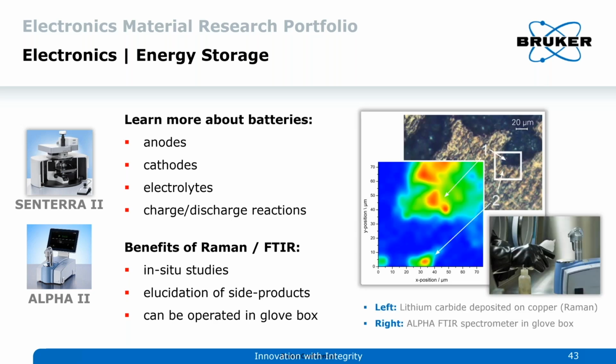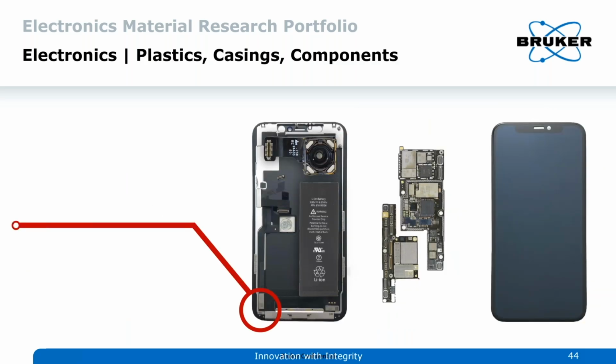So again, as I talked about before, now you can look at the lithium carbide battery as it's deposited on the copper and do the analysis in a glove box in an inert atmosphere, showing that example from before now inside the bigger picture of looking at all the components of this phone. So how about the casings and such?